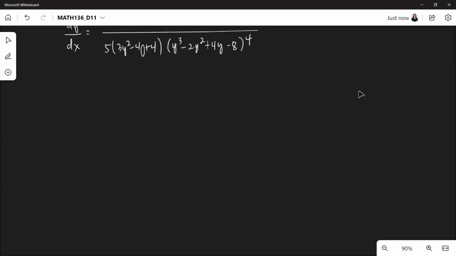So next example. If x is 2y minus 9 all over 7y plus 10, so this is a fraction, using the quotient rule, solve for the derivative of x with respect to y.